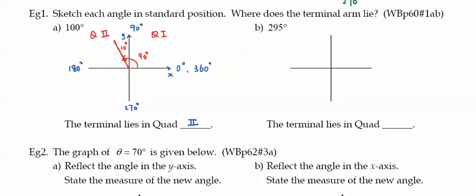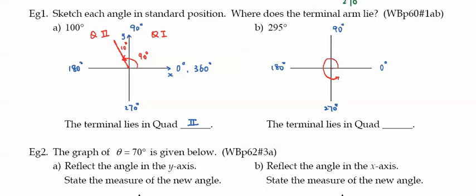If you have an angle that has a measure of 295 degrees, you will still measure your angle from 0 degrees, from the positive x-axis. Here is 90 degrees, here is 180, and here is 270, but we want 295. The angle 295 will go beyond 270 by how much?